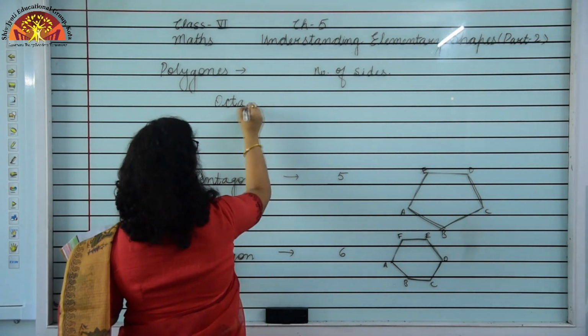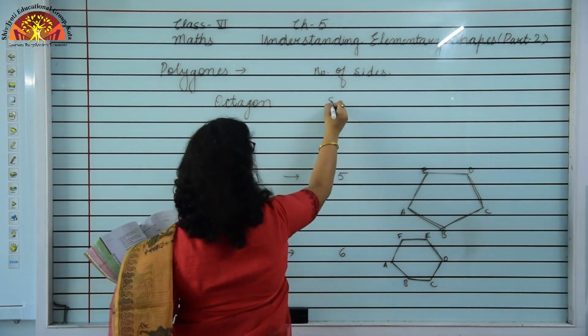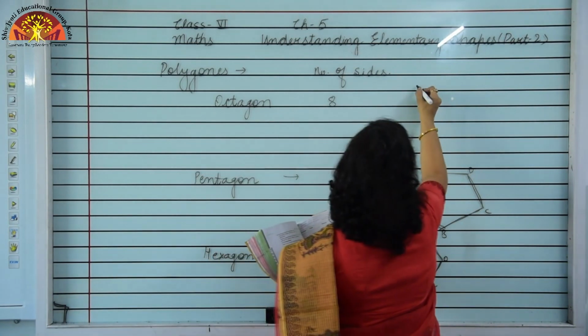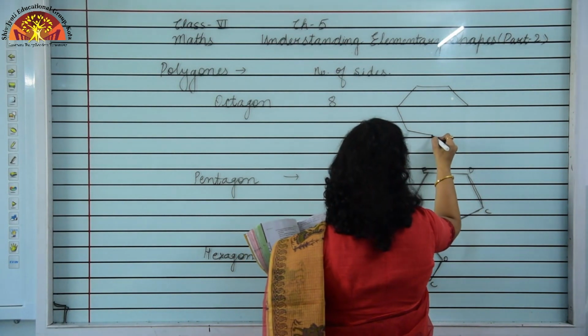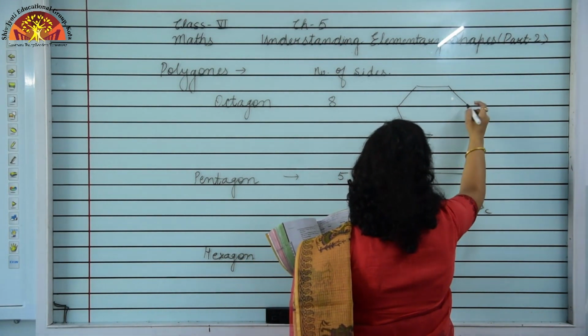In an octagon we have 8 sides, 1, 2, 3, 4, 5, 6.